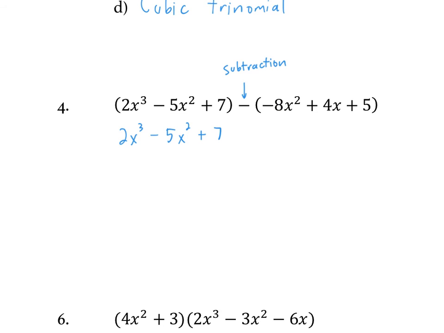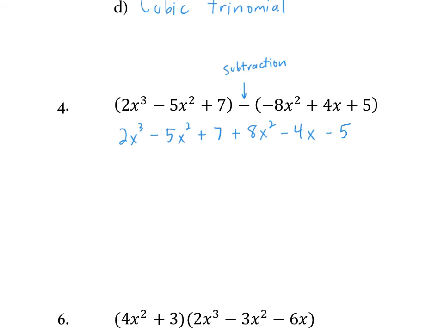So this negative, when here you have like negative, negative, so that'll become positive, so this will be a plus 8x squared. And the next one, this is a minus 4x, so that'll be negative 4x or minus 4x. Okay, and then this positive 5 changes sign to be a negative 5.